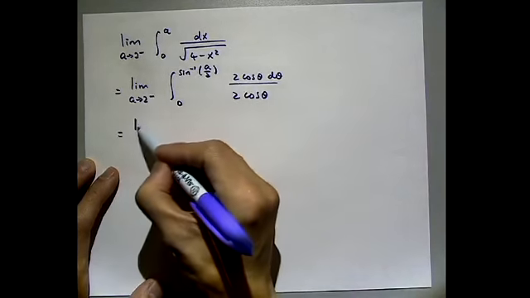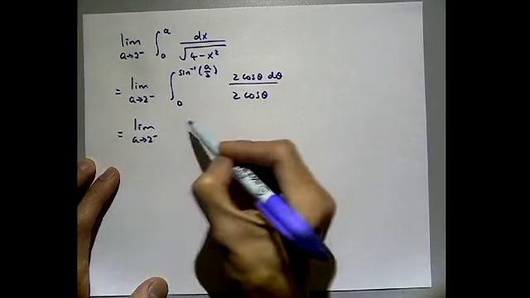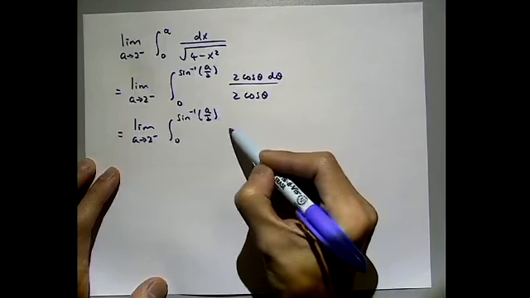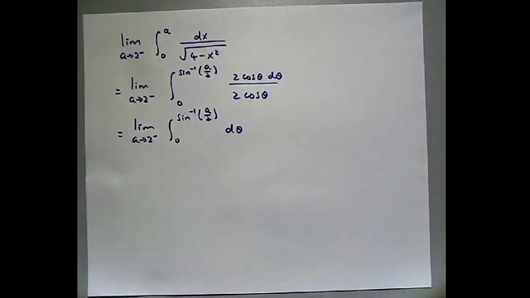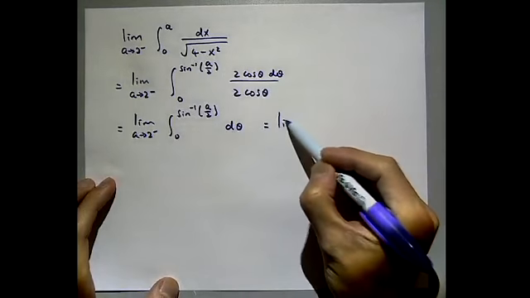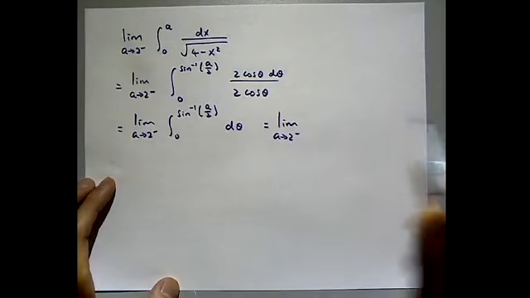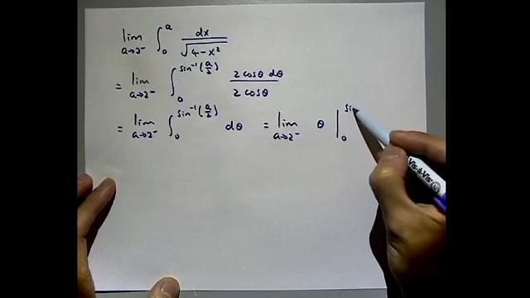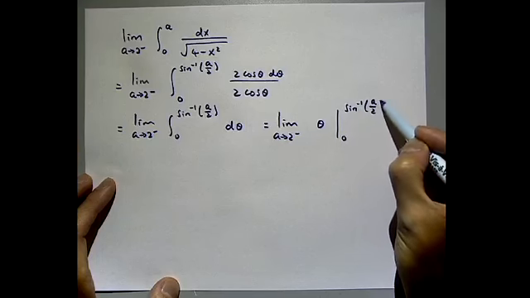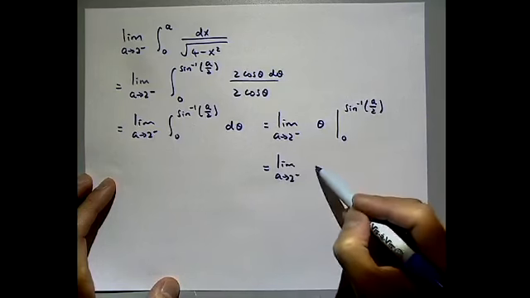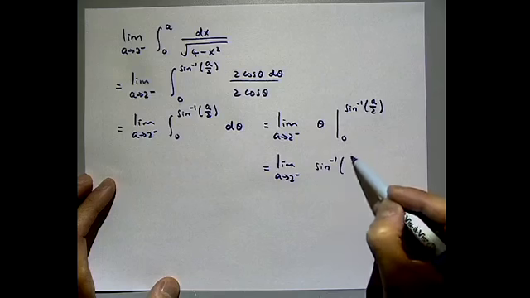That's actually pretty nice. Right, 2 cosine will cancel, so we get a d theta left. Then the integration is trivial. When you integrate d theta, you get theta. And we eventually get this thing.